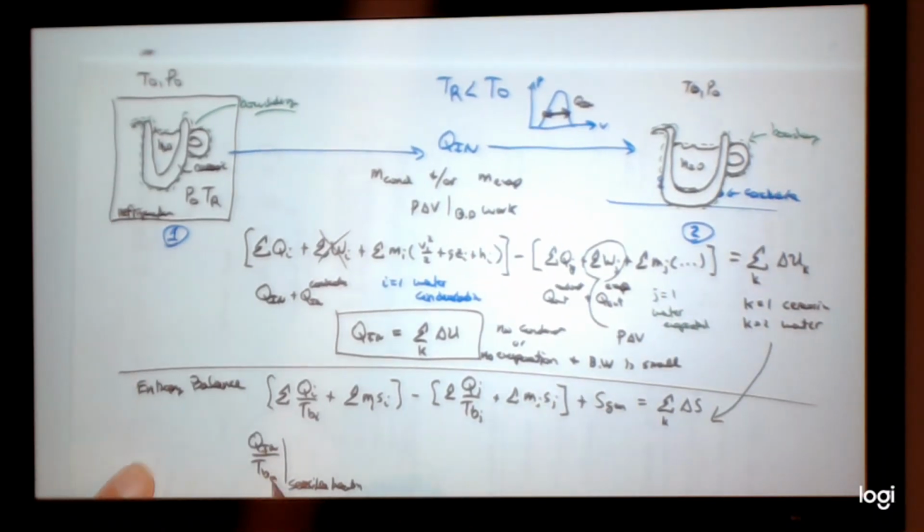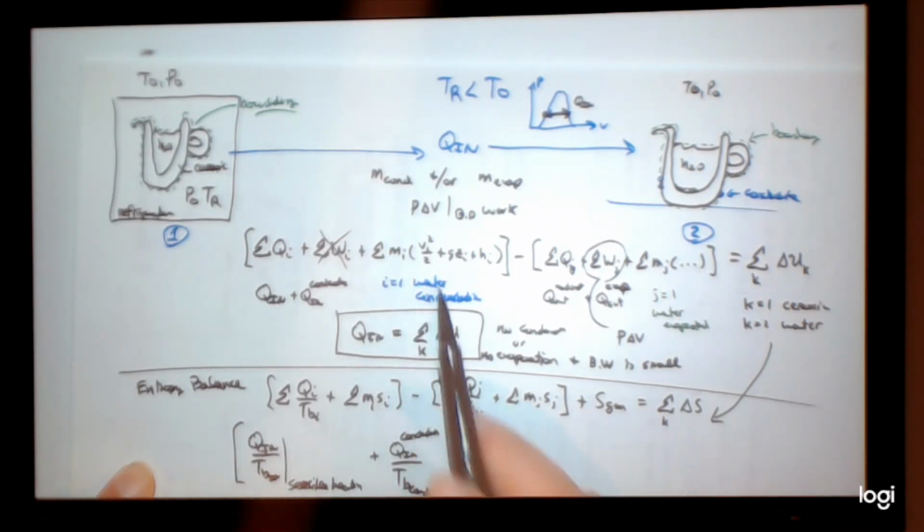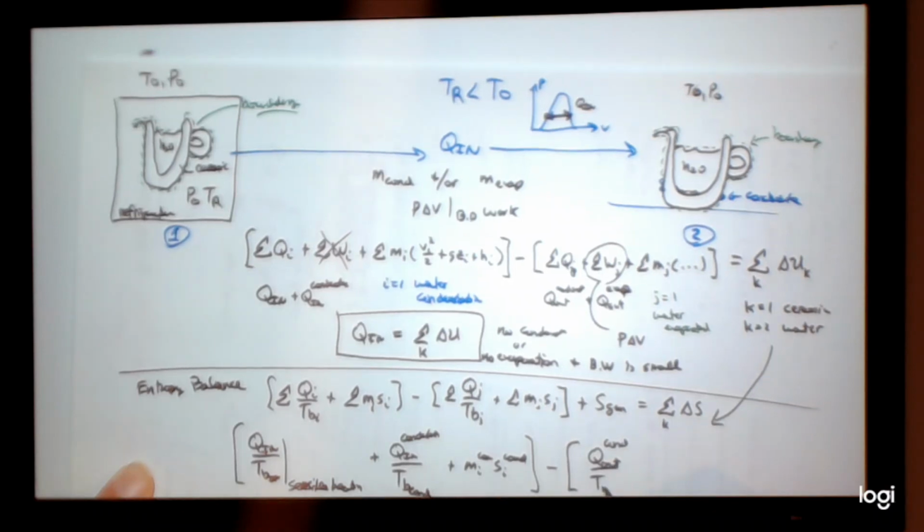Then if we go from this context, we have some Qn over some TB in, and this one would relate to sensible heating. The boundary temperature is not a constant. It's constantly increasing because it goes from TR. So the boundary temperature also is a function of time, and this is where the integral will come into play later. But nevertheless, we don't need to do all that. We just say TB in for sensible heating, and then we have some Qn for the condensation over some TB condensation, and some mass in for condensation and some entropy per unit mass for the condensation, and then minus Q out for condensation over TB condensation, where really it's the condensation evaporating, for evaporation.